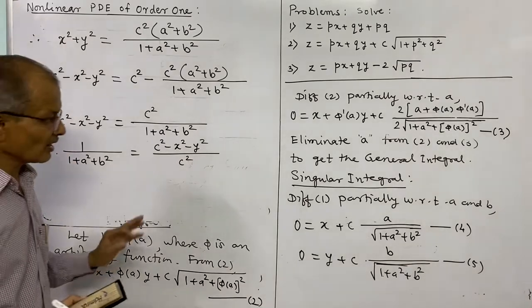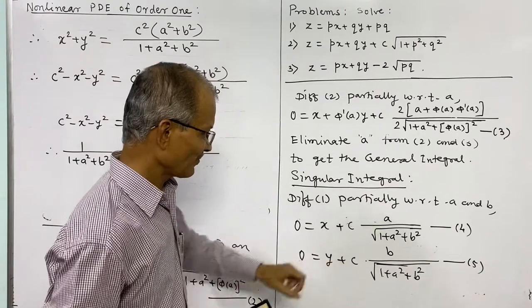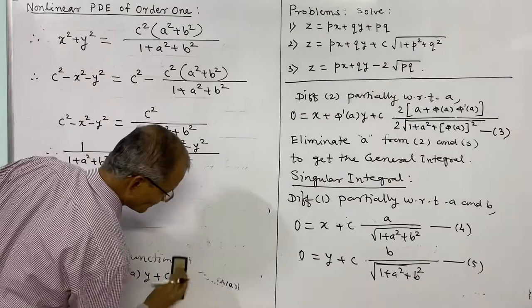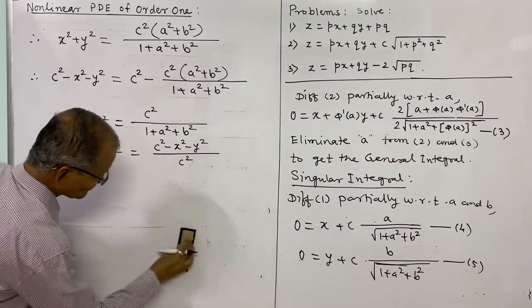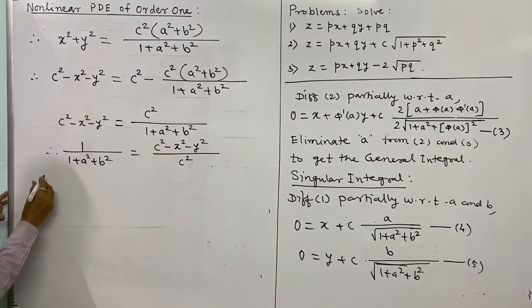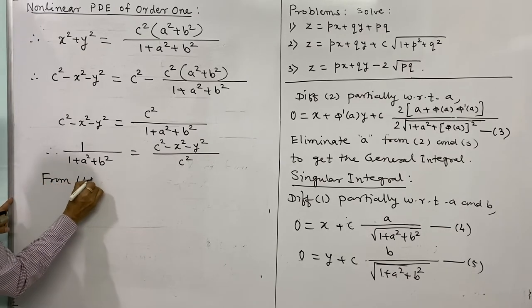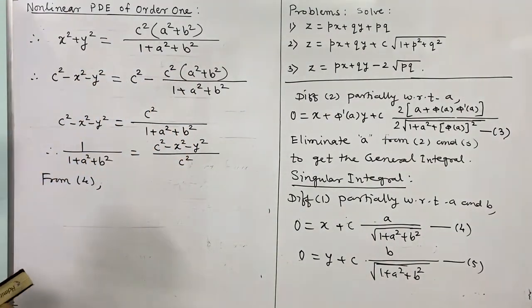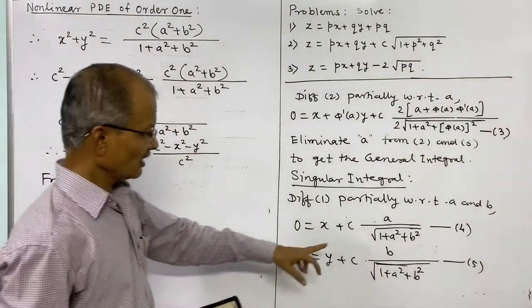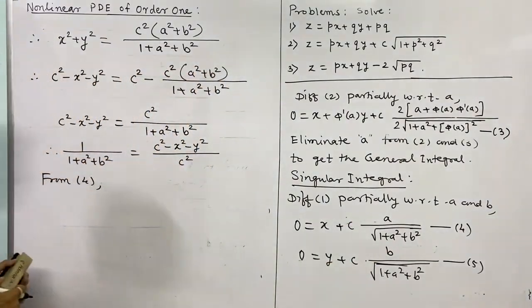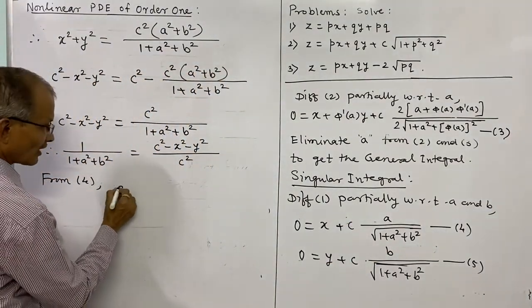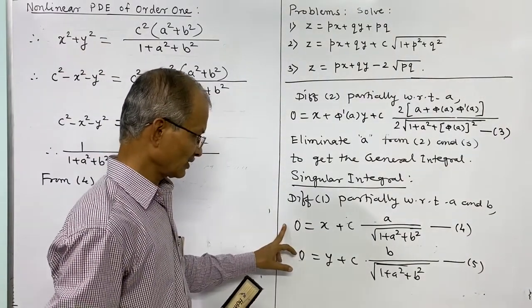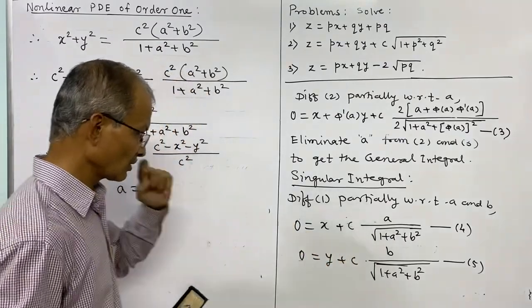And now using this we shall find out the value of a. So we have from 4, the value of a: x is minus a into c divided by this value, and therefore a will be, so you shift this term to this side, that is negative x, and then this is under root.